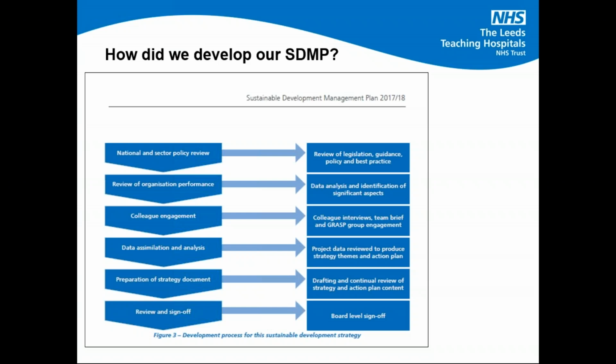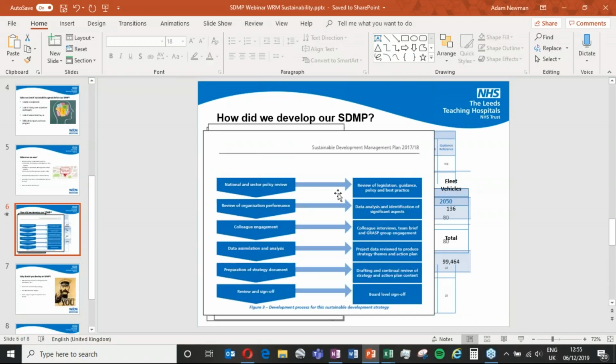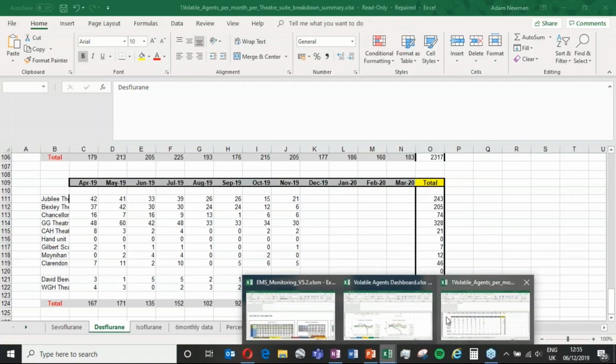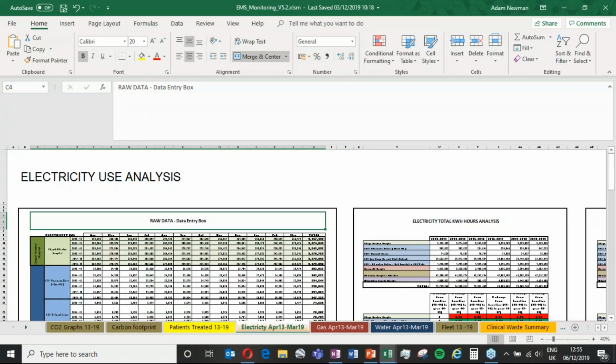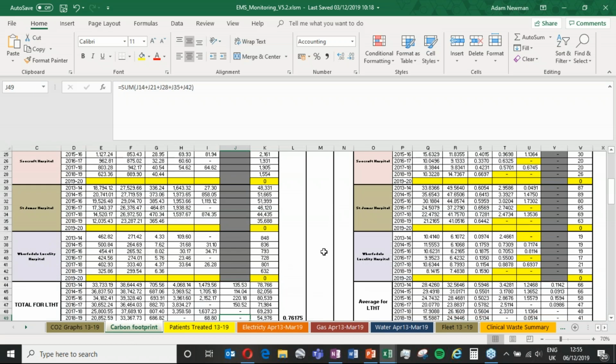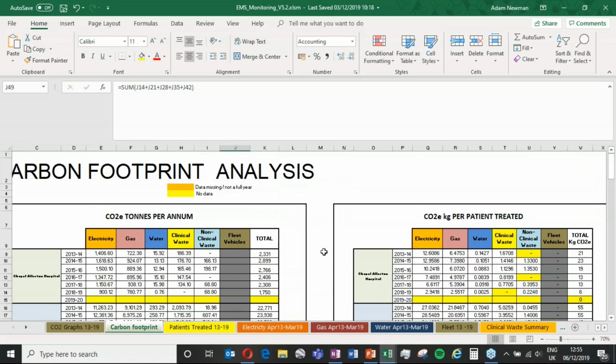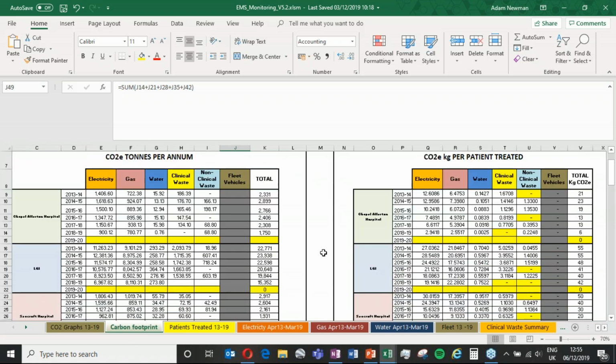We also like to review organisational performance. So I'm just going to drop out of this presentation briefly. How we do that is by producing a carbon baseline, and our carbon baselines consider, for Leeds it was a mixture of scope 1, scope 2 and scope 3 emissions.